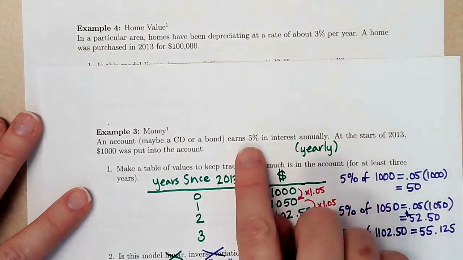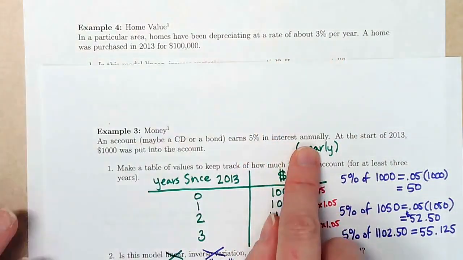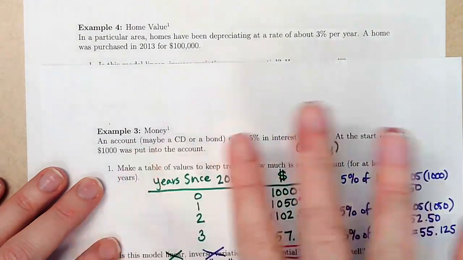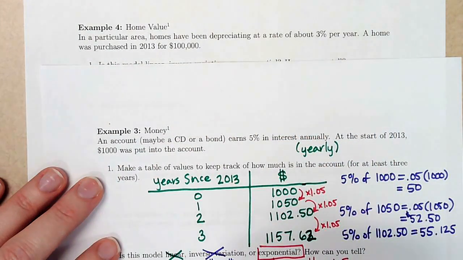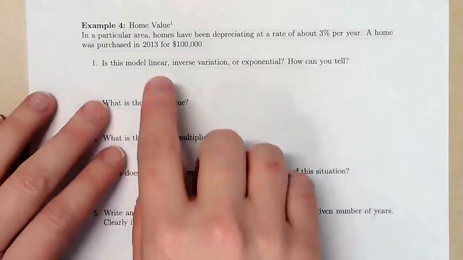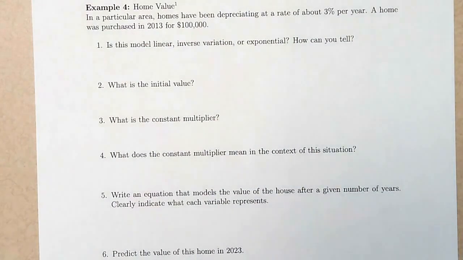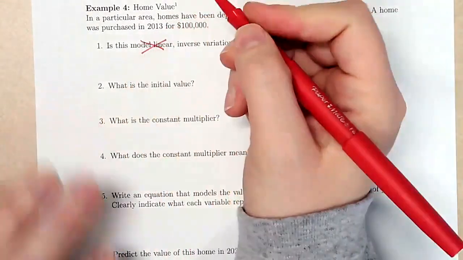So when we hear this and it says a rate of 3% each year or annually, this is not a flat thing where it's the same amount every year. It's a percentage of the new amount each year. So is this model linear? No. No, it is not.